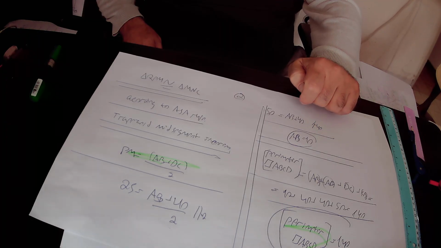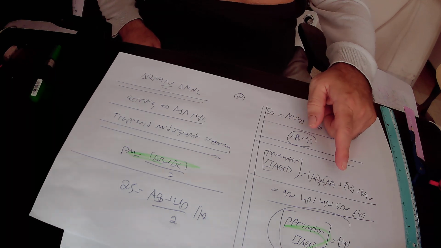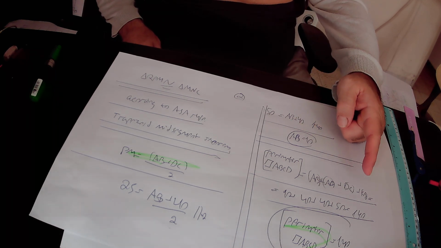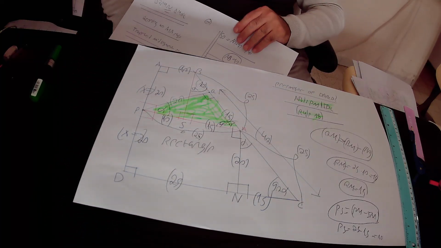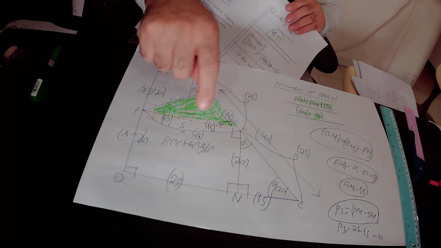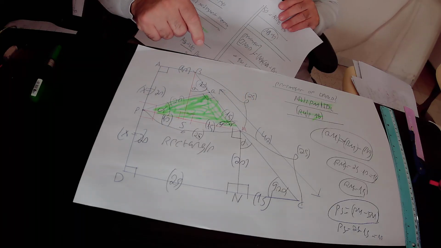So in total the perimeter of quadrilateral ABCD equals 10 plus 40 plus 40 plus 50, that is 140 units in length.